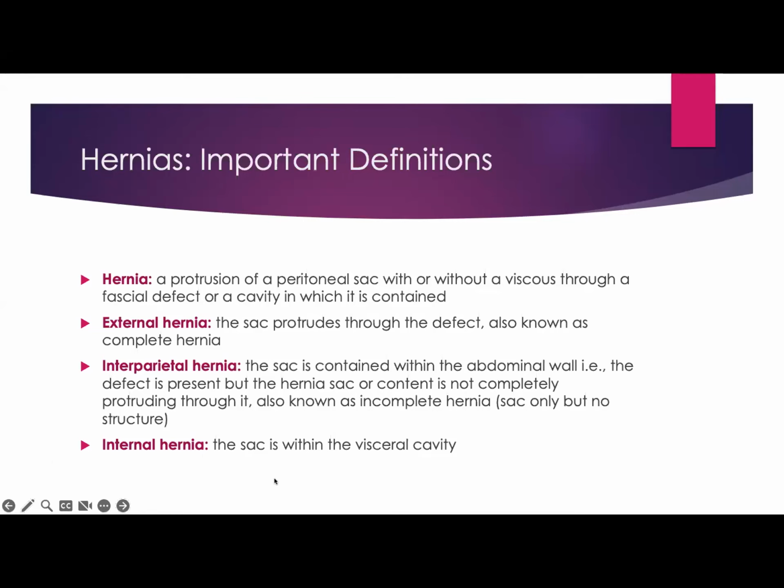So if one viscus or one organ is migrating from its original space into another space, and this is most probably acquired through surgical intervention, we refer to it as internal hernia. Okay.